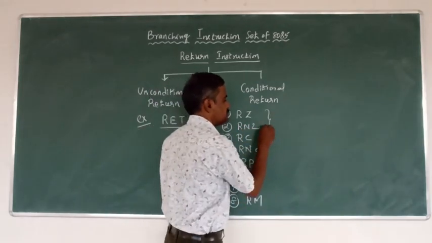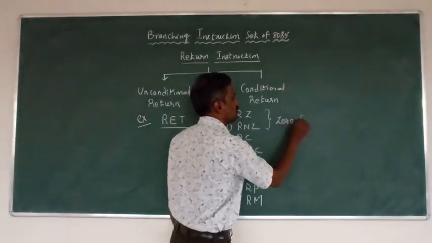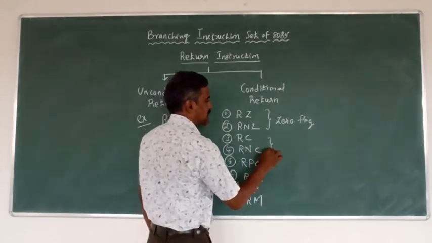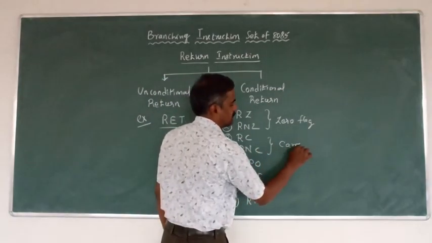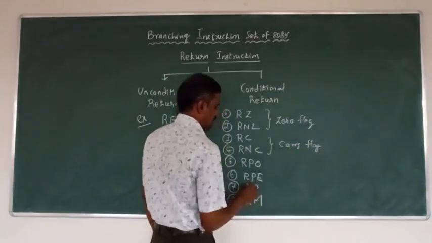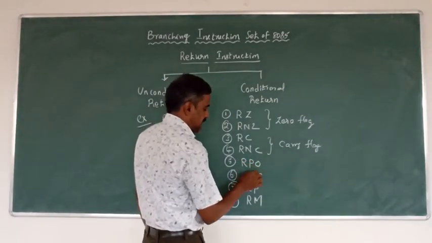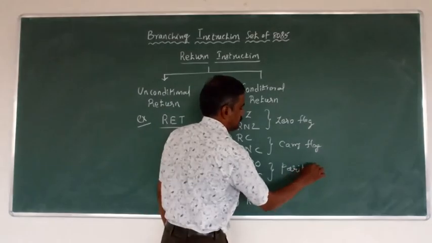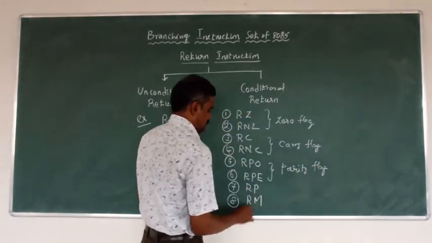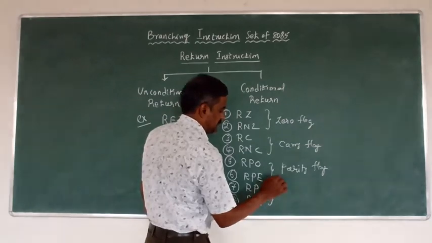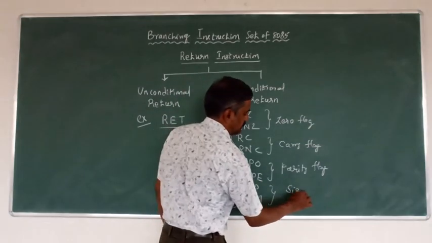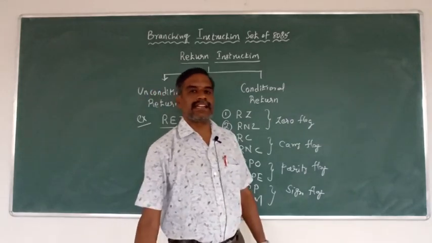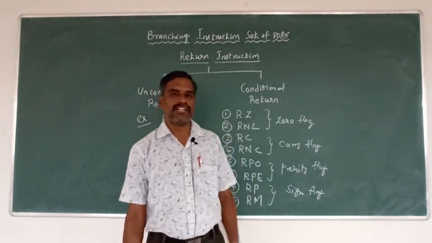These two come under the zero flag, 3 and 4 come under the carry flag, 5 and 6 come under the parity flag, and 7 and 8 come under the sign flag.